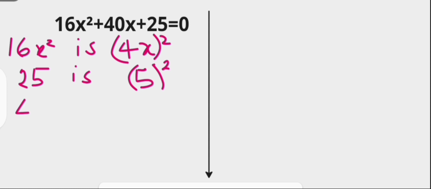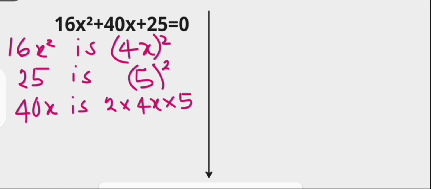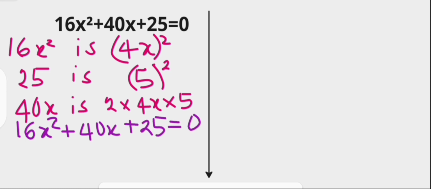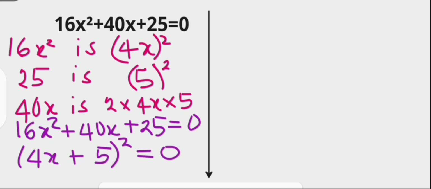Then the middle term, 40x, is twice the product of 4x and 5. So this means that the equation 16x squared plus 40x plus 25 equals 0, the left hand side factors out as 4x, then a plus in the middle because we have plus before 40, 4x plus 5 all squared equals 0.